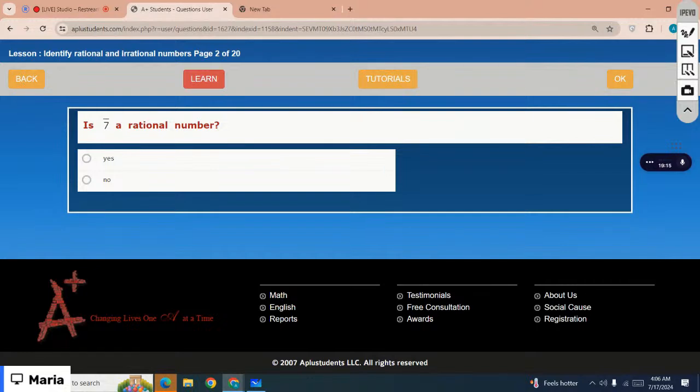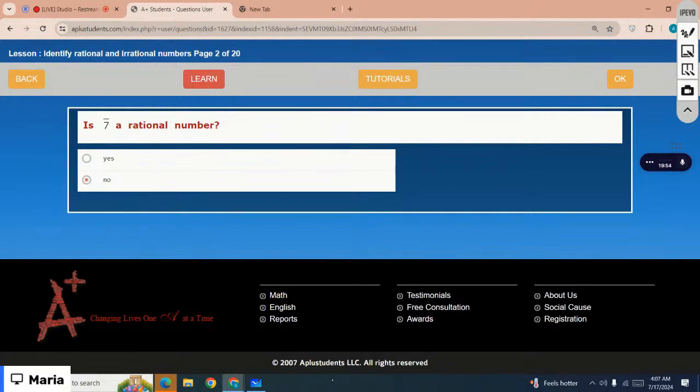Is square root 7 a rational number? The correct option is no, square root 7 is not a rational number.